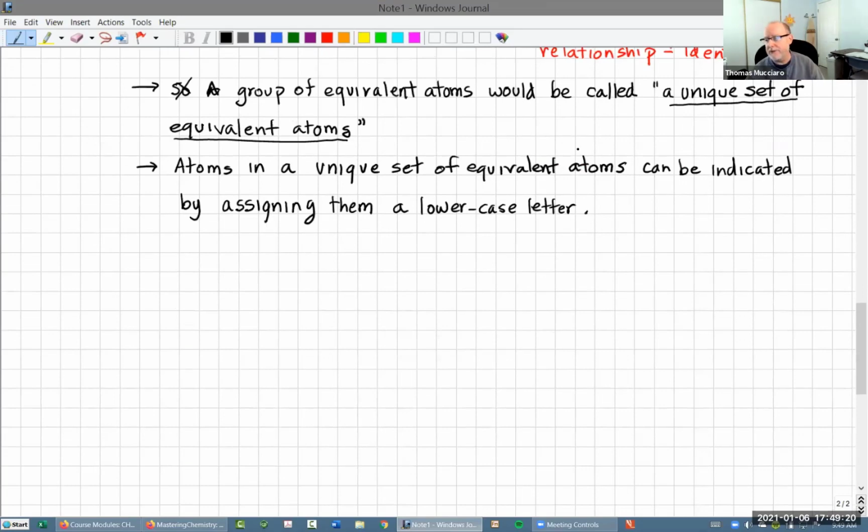So what organic chemists do when they do unique sets of equivalent atoms, I'm going to show you some of these here, okay? I'll show you an example with a little bit more complex molecule, okay?